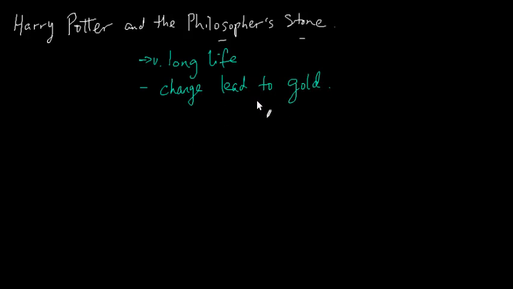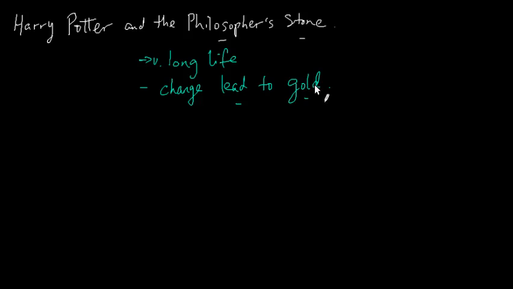Now if you look at the periodic table, you'll see that lead and gold are two different elements. And the usual understanding in chemistry is that you can't change one element into another. The elements are like the simplest substance in chemistry. You can't break it down any further, and certainly you can't change one to the other.